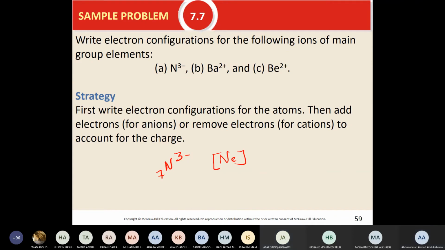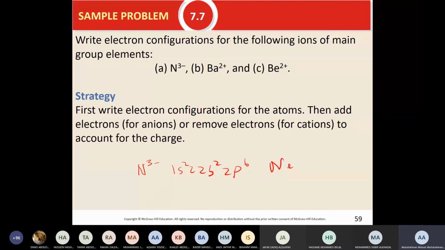Very good. Because nitrogen is 1s2, 2s2, 2p3. And if you add 3 electrons to it, it will be 2p6. Nitrogen 3 minus, 1s2, 2s2, 2p6, which is similar to neon.